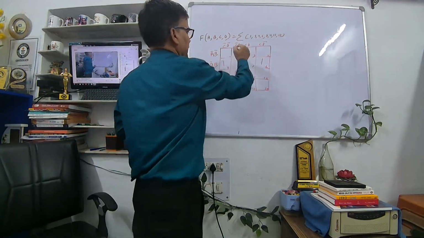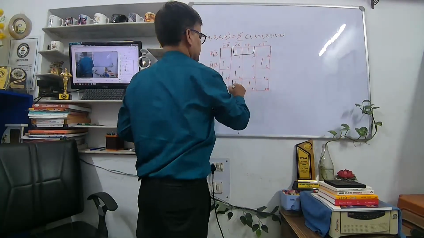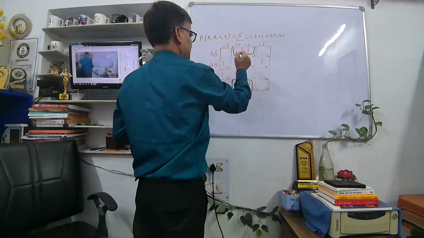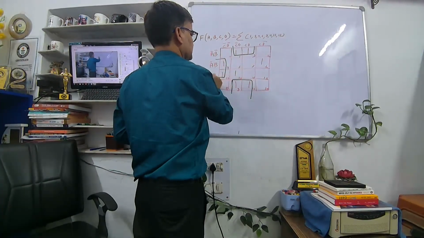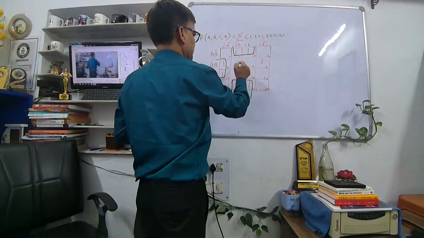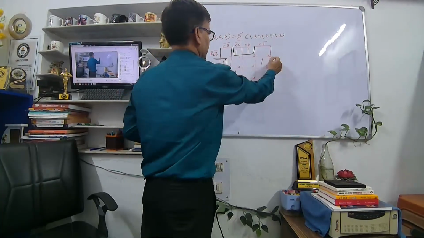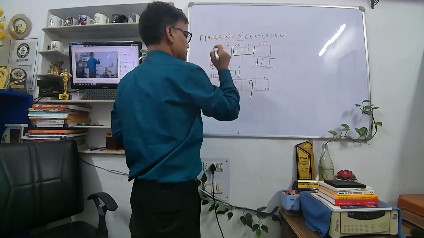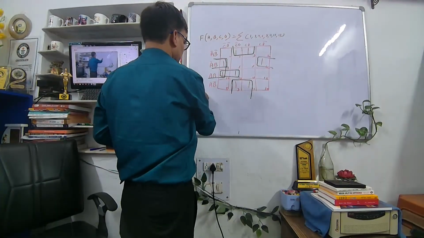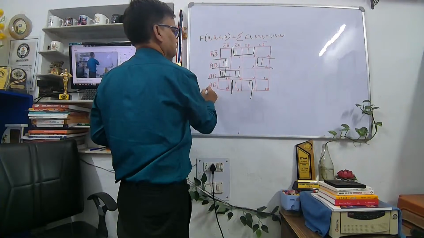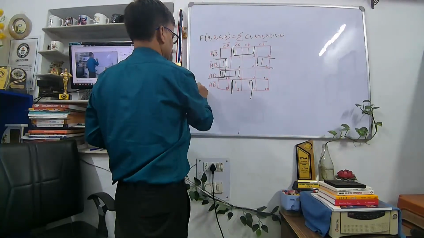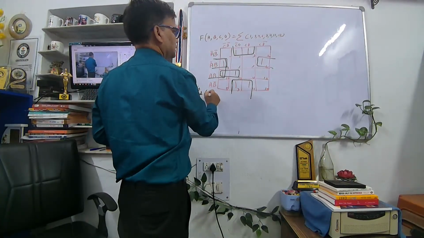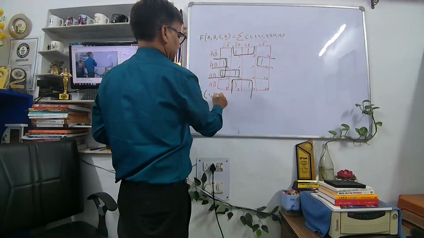Now, if I have to reduce this using K-map, we will make groups. I can make a quad like this, a pair like this, a rolling pair like this, and a pair like this. Right? So we can say a rolling quad between 1, 3, 9, and 11.